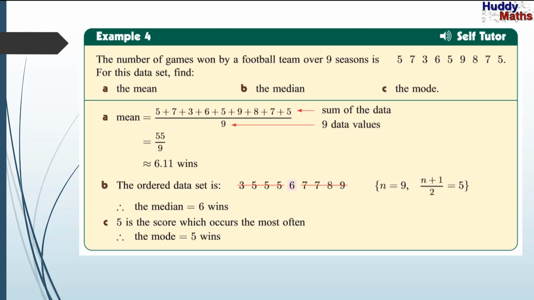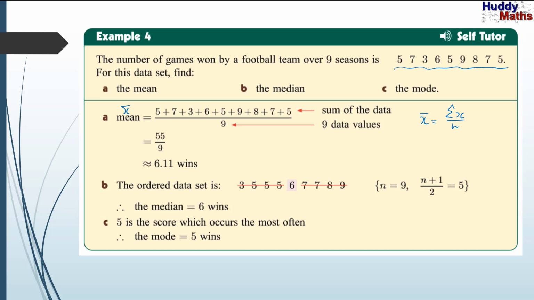Let's have a look at how we can use this. Number of games won by a football team over 9 seasons is this here. Okay, so there's 9 seasons. Find the mean. Well, we're going to put x bar, so I'd rather you put x bar over there. It's always good to start the problem with x bar is the sum of all the x's over n.